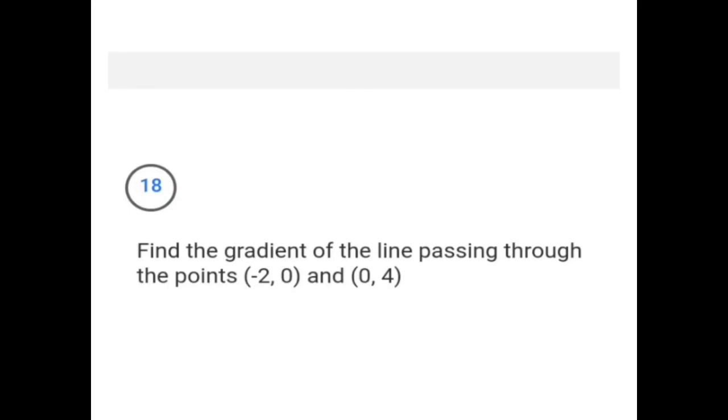Number 18. Find the gradient of the line passing through the points minus 2, 0 and 0, 4.